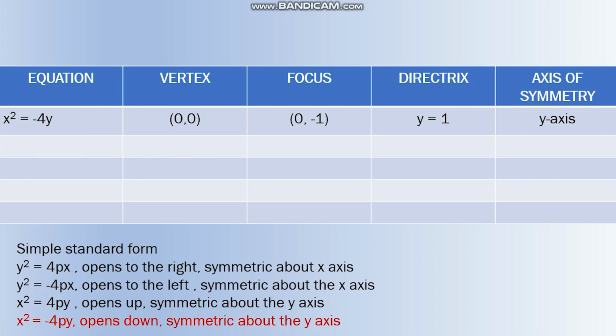So, ang aking tip sa inyo ay you must have this list. Itong nasa ilalim, it's the list of simple standard form wherein yung nasa left side ay yung may mga squared. So, dalawang klase yan. It's either yung y yung nasa kaliwa or yung x yung nasa kaliwa. Now, if y yung nasa left side of the equation, lagi yan na standard na merong 4p.